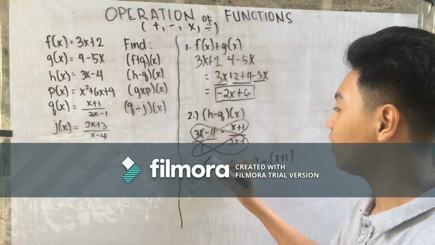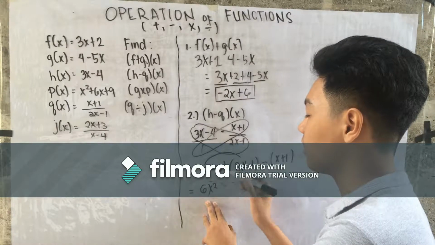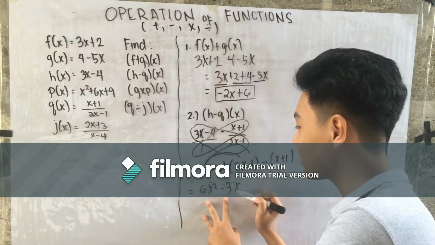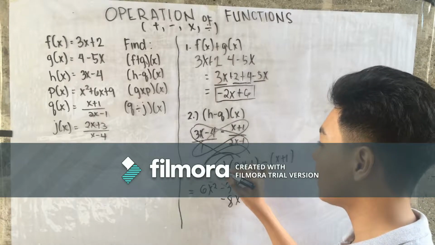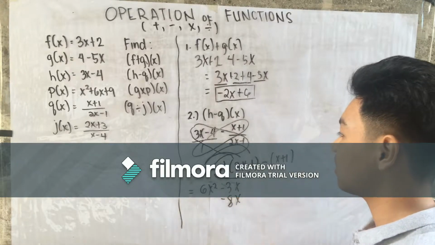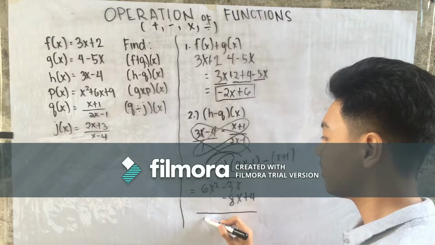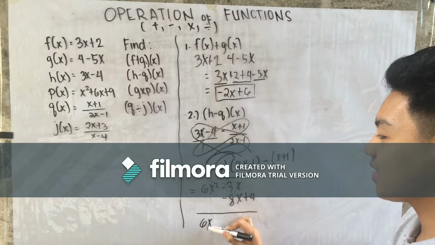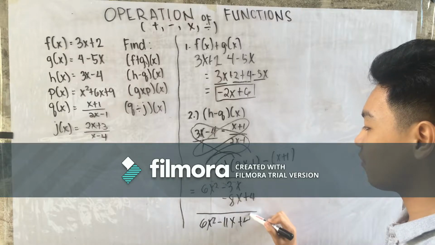So, ito, first to first, 6x squared, outer to outer, minus 3x, inner to inner, minus 8x, then last to last is plus 4 all over. Pag i-combine natin sila, 6x squared minus 11x plus 4.